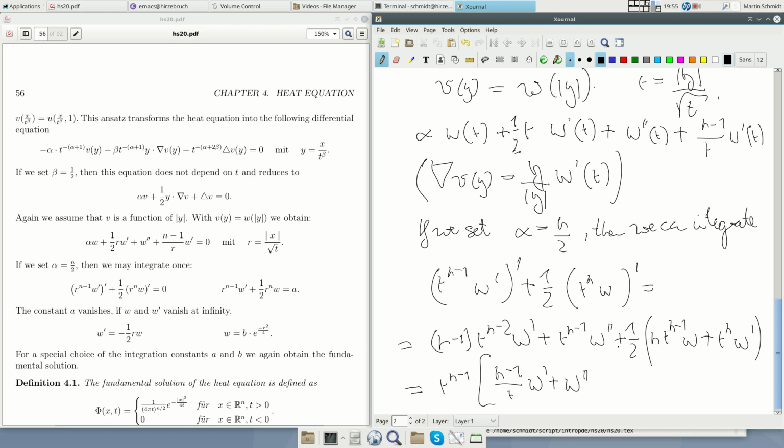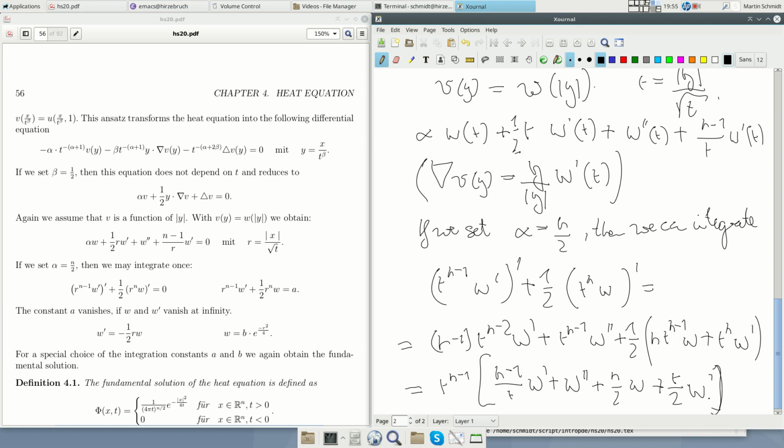Now this factor here, if we put this out, we get plus n/2 w, and we get plus r/2 w prime.